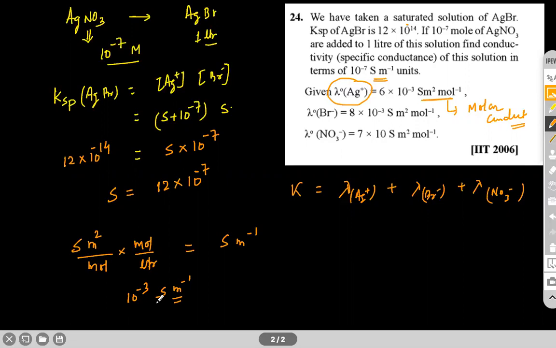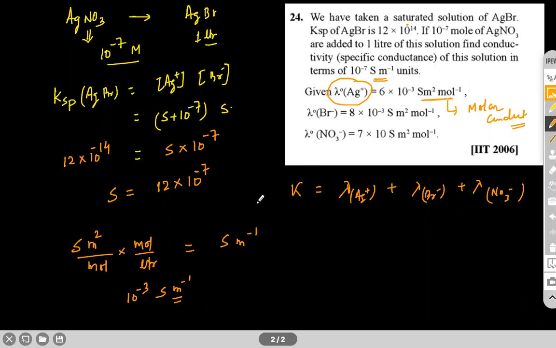Okay. So whatever the concentration of ion, because all these terms are molar conductivity, not the ionic conductance, right? It is not the ionic conductance, it is molar conductivity. So molar conductivity you have to convert into conductivity, right? So this term, if you multiply this by concentration, then you will get this.